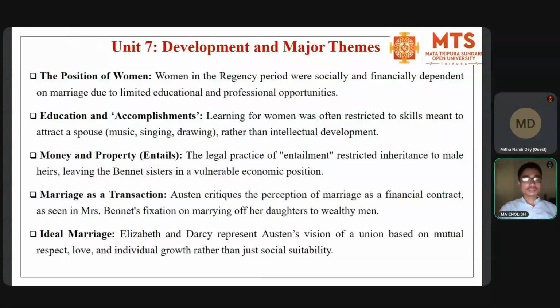Another major theme that Pride and Prejudice offers is property rights, the right to money and property, especially the right of inheritance.